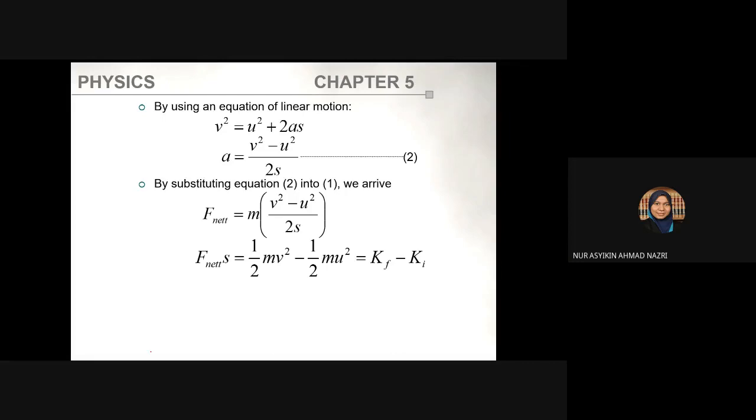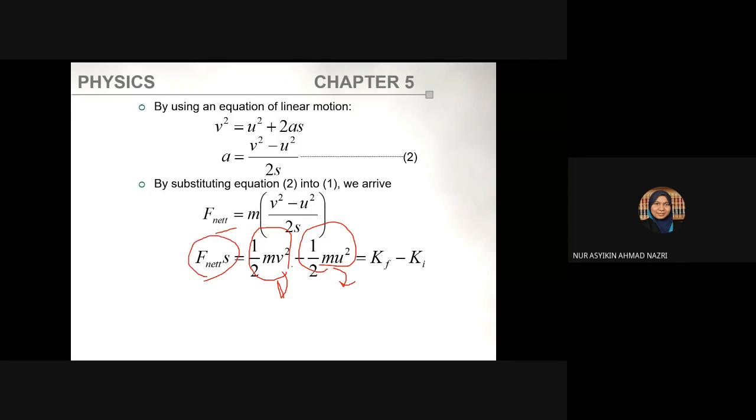And from this equation, so your F net, okay, akan equal to your half mv squared minus half mu squared, where we can have the kinetic energy for final and we can have the kinetic energy for the initial. And we equatekan dengan apa ni sebenarnya? Work done.